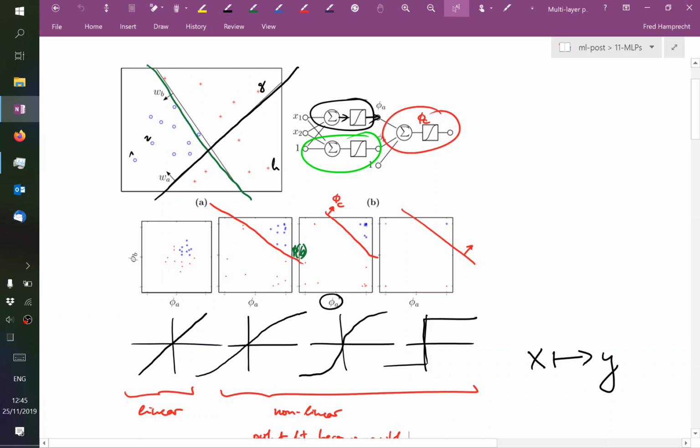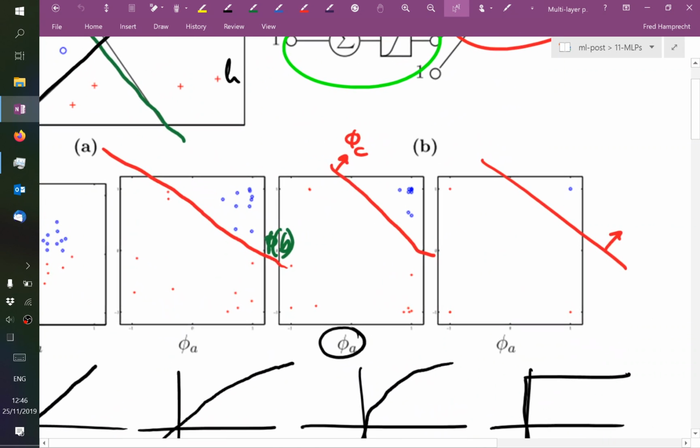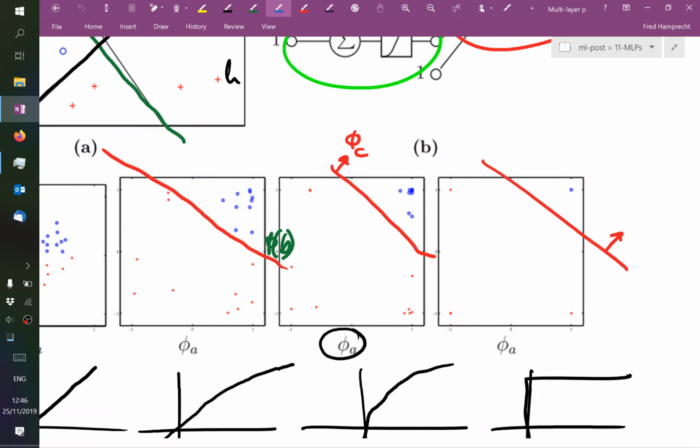What happens if I also have one blue point at the left bottom corner? Okay.